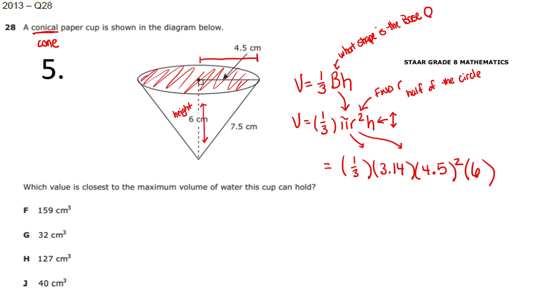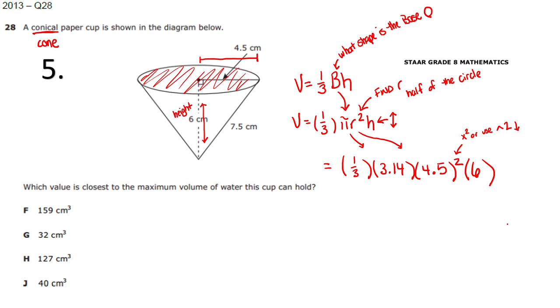Remember, when we get to the squared key, we either need to use x squared, or you can use the up arrow with a 2. You have to be careful when you multiply times 6. You have to actually get out of the exponent by using your down arrow after it.